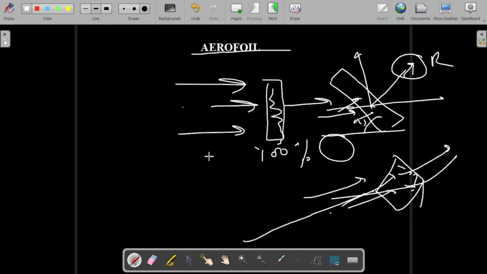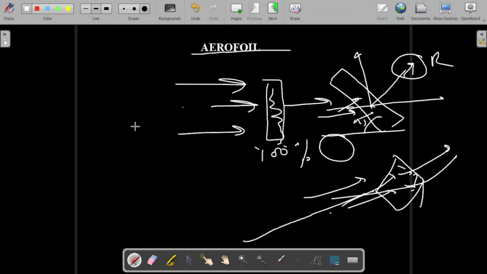You take your hand outside the window and open your palm, and initially you try to put the palm in a 90-degree position. You will feel a lot of drag because of the air resistance. Just tilt your palm to a 45-degree orientation, and then you feel that your hand is going automatically upward.